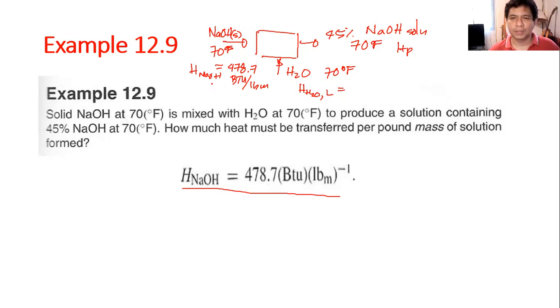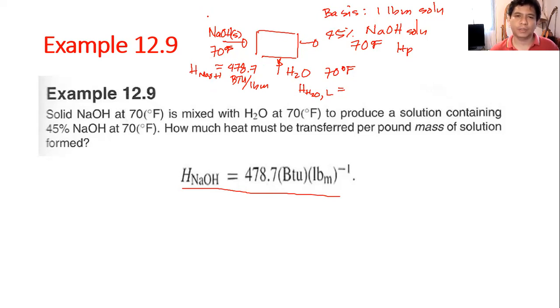Sa diagram. Okay? So, halimbawa, ang basis natin is, again, kamukha rin ng basis natin kanina. We're going to consider, halimbawa, we have 1 pound mass ng product dito. 1 pound mass ng solution. So, kung 45% sodium hydroxide siya, ilan yung weight ng solid?